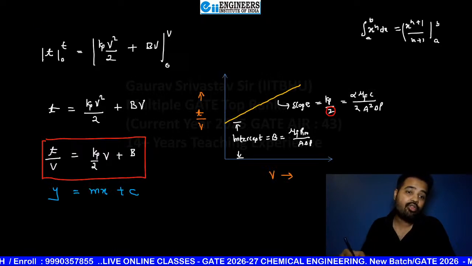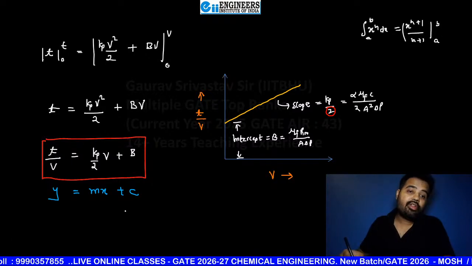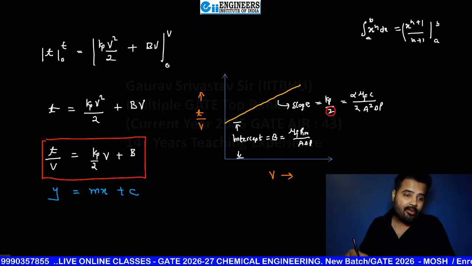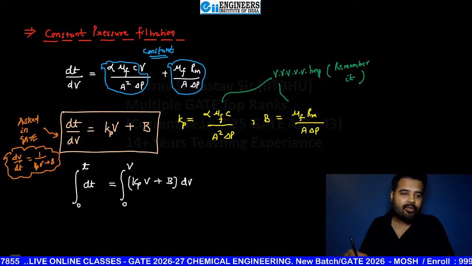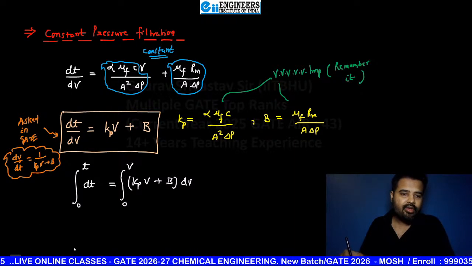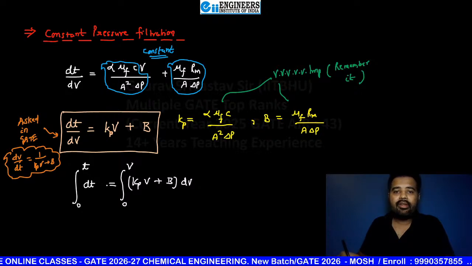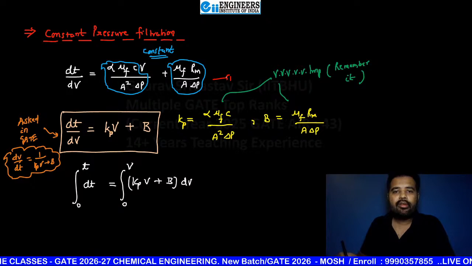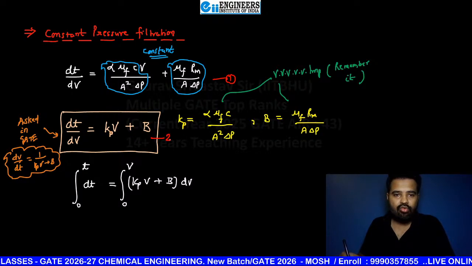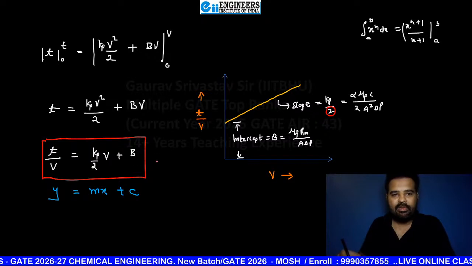Now what will happen with your previous expression? If B is 0, then only this part will be left. So let me give some names here. This new topic is complete. I'm writing this as equation number 1 again, this is equation number 2, and this is my equation number 3.